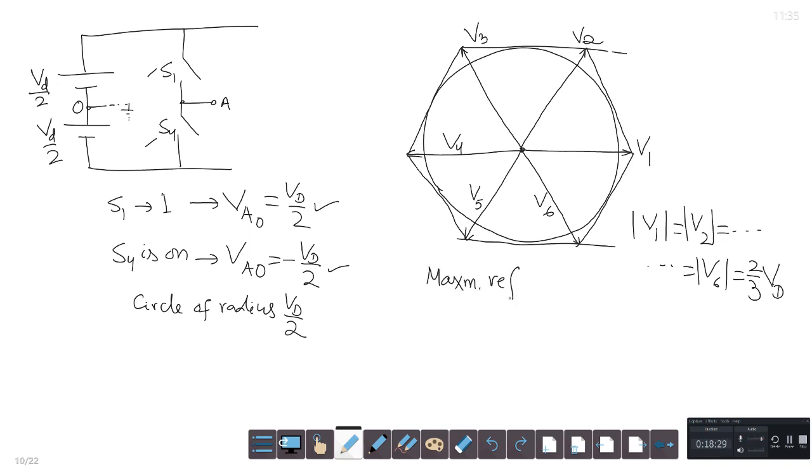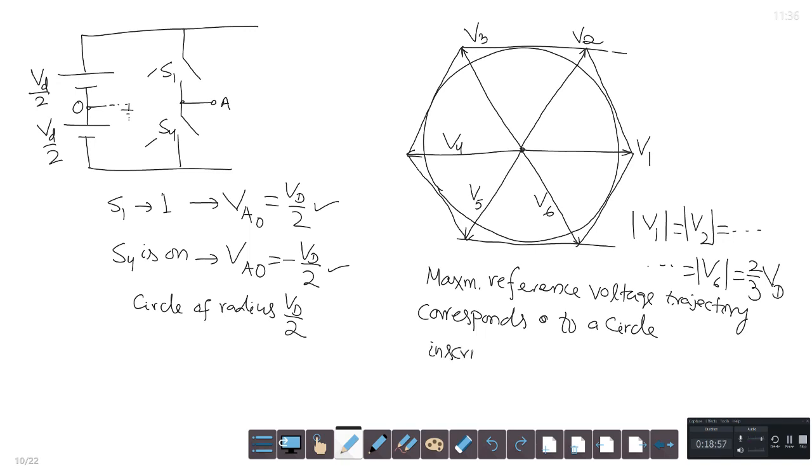Please note it, the maximum reference voltage trajectory corresponds to a circle inscribed inside the hexagon.